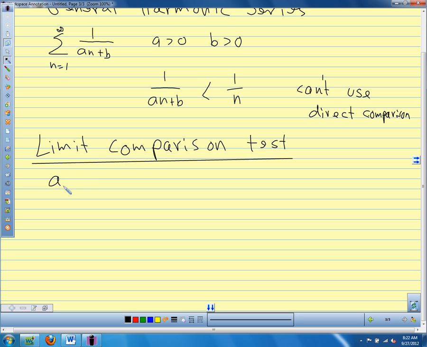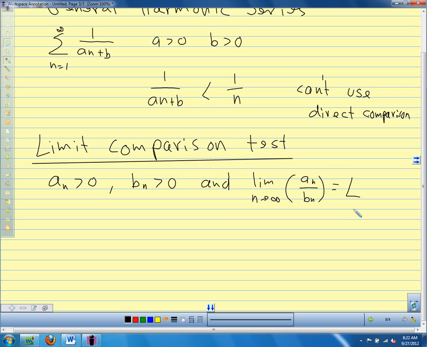So for the limit comparison test, we have a sub n greater than 0 and b sub n greater than 0, so we have positive terms. Our other condition is that the limit as n approaches infinity of a sub n over b sub n equals some limit L, where L is finite and positive.